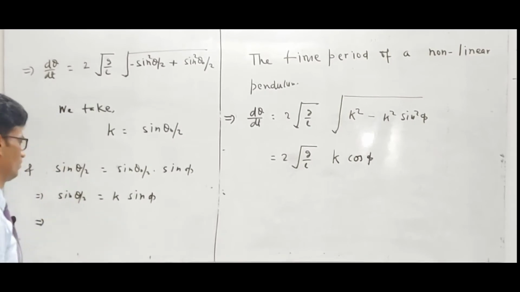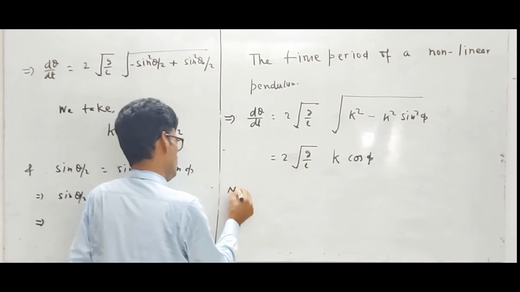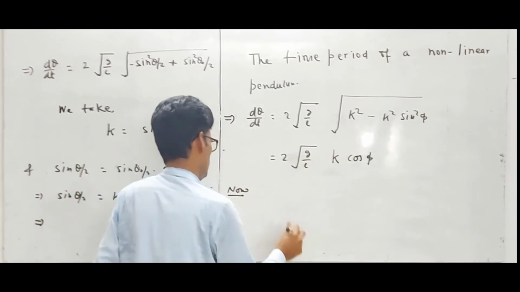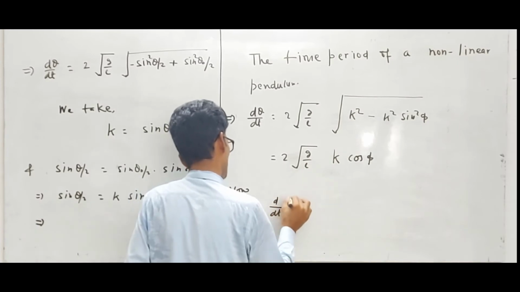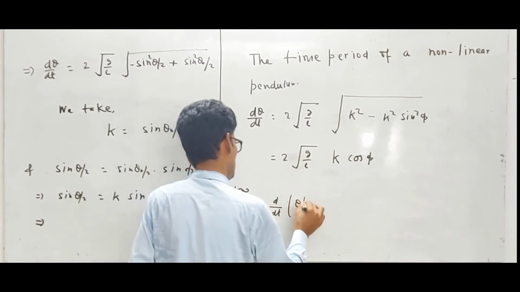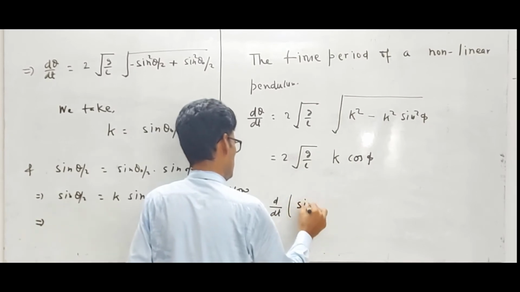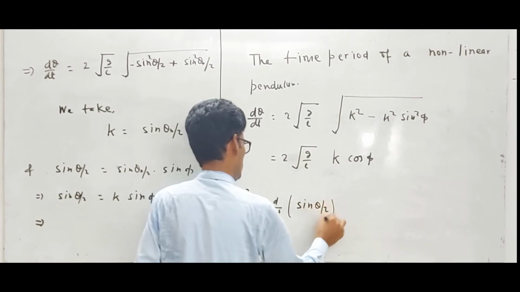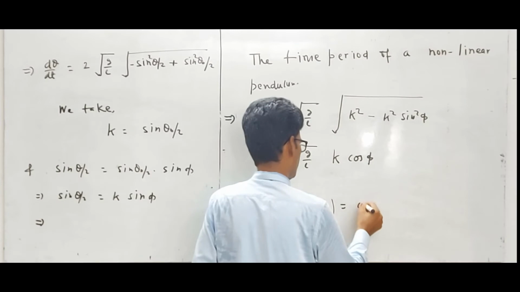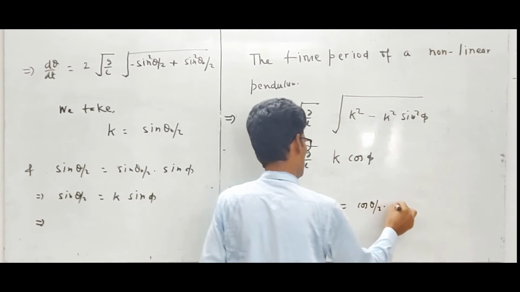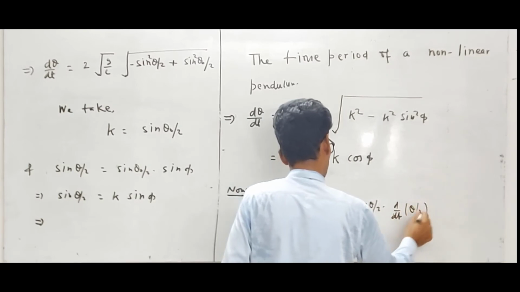So now what we have to do? Look at here. Now d by dt of sin theta by 2 is equal to cos theta by 2 times d by dt of theta by 2.